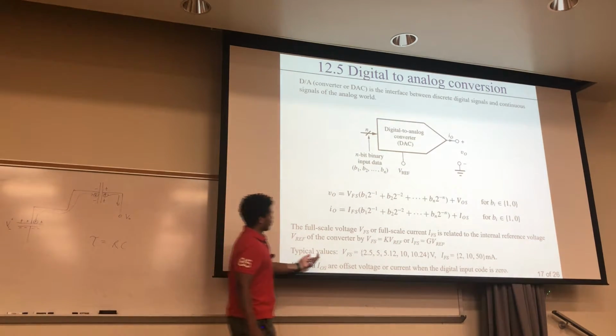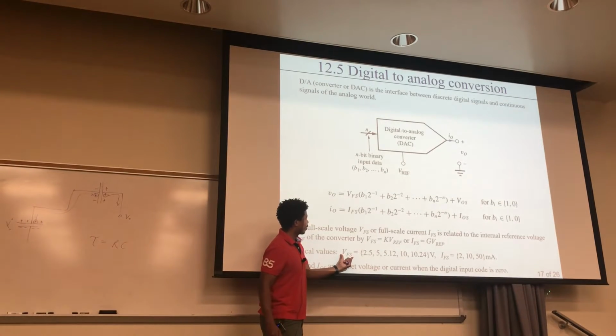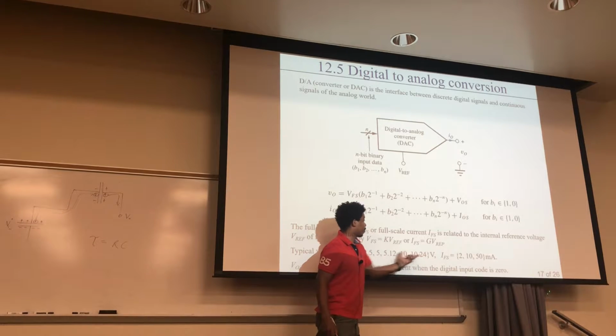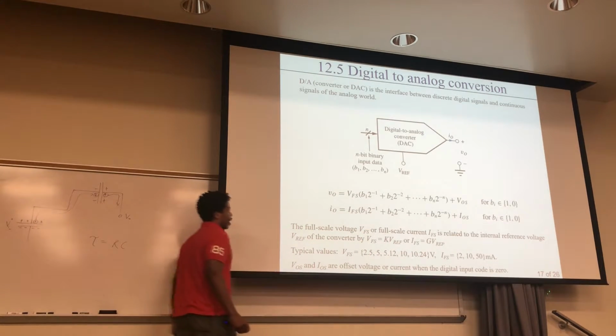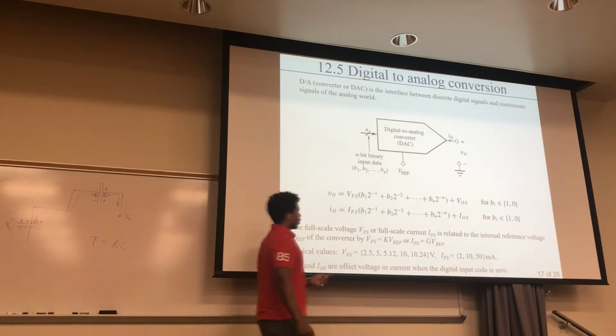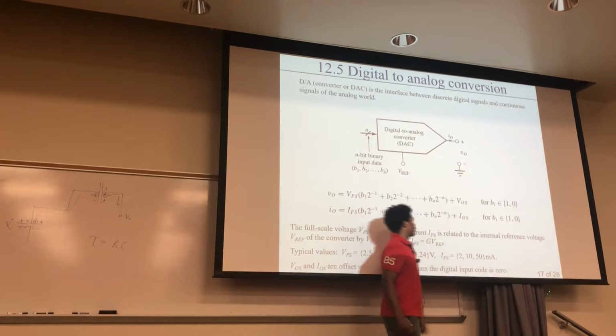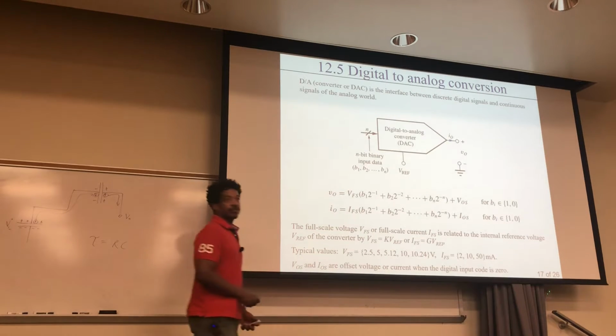Here are some typical values the book gave for the full scale voltage, like 2.5 volts, all the way up to 10.24 volts. I guess those are pretty popular. And for the full scale current, it can range from 2 milliamps to 50 milliamps. Those are typical values for that.